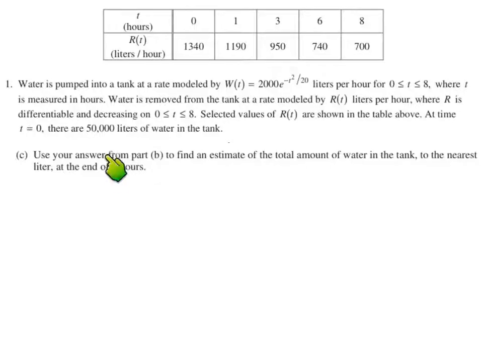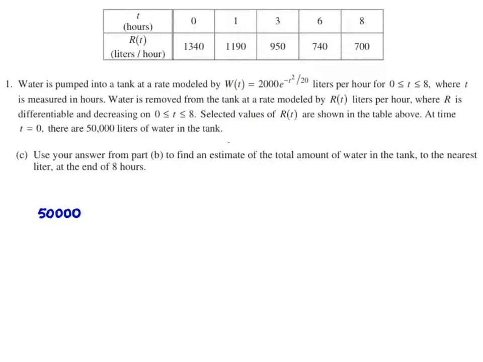Well, we know how much water was in the tank at the beginning. It says that there was 50,000 liters of water in the tank when t equals 0. So we can say, okay, we start with 50,000. From there, we need to add how much water was pumped into the tank. And so W of t represents the rate at which water is being pumped in.